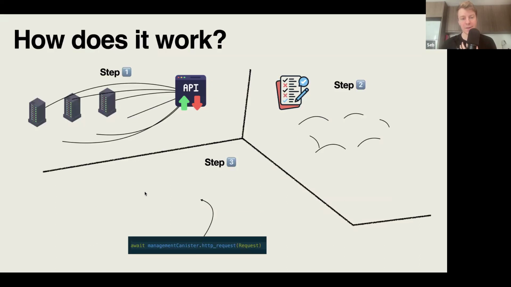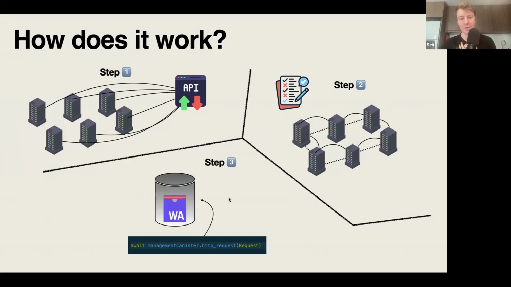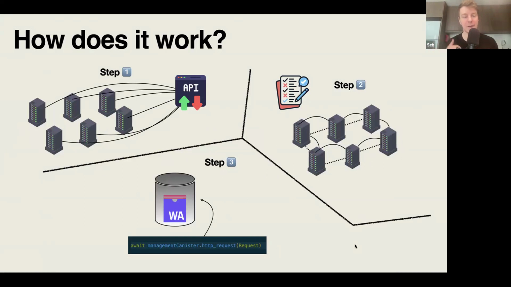Now, how does it work? So we have this little animation. So the problem that we could face is that how do we make sure that every node in the ICP subnets agree on the result of the request?